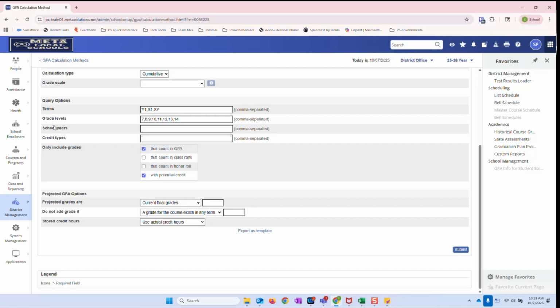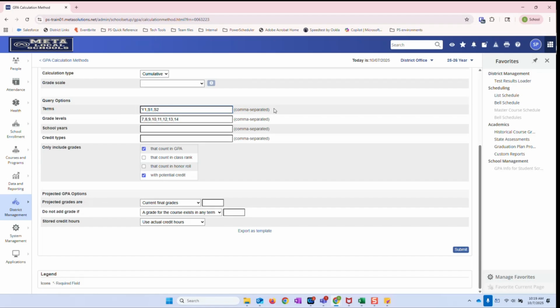All right, getting into more specifics here. Some of this is used on GPAs and some of it's not. One thing that I'll almost always see on a GPA parameter, or as it calls it, the query options, is the terms.